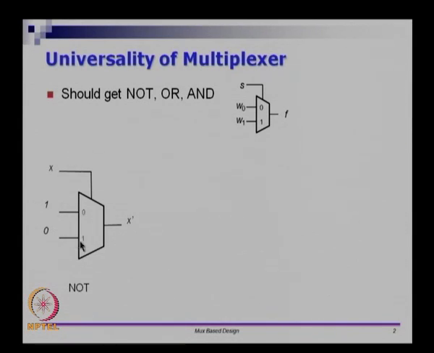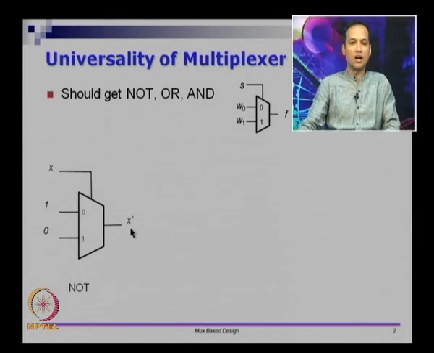For x equal to 1, you put 0 at the input, and this will give you x bar at the output. You can see why. The multiplexer's function is x bar times 1 plus x times 0. So, if x is 0, the output will be 1, if x is 1, the output will be 0. That is what we want in the NOT gate. So, we got the NOT ready.